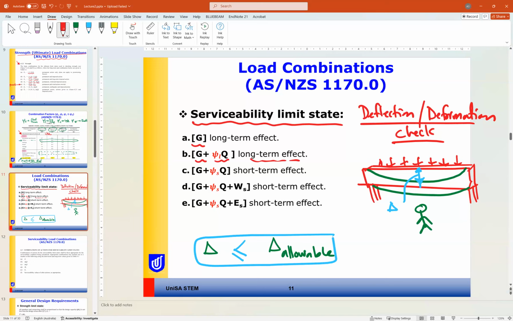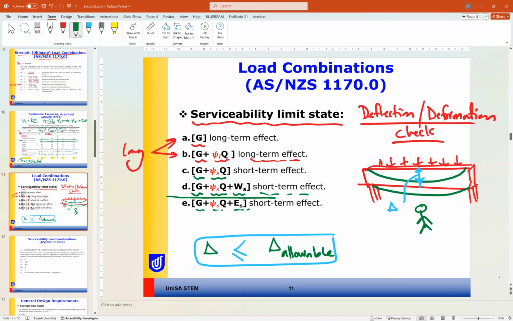So these two are for long term, and we have others for short term: G plus psi S Q. As we discussed earlier, psi S is for short term. G plus psi S Q plus WS for short-term effect as well. Or if you are designing for earthquakes, G plus psi S Q plus ES.